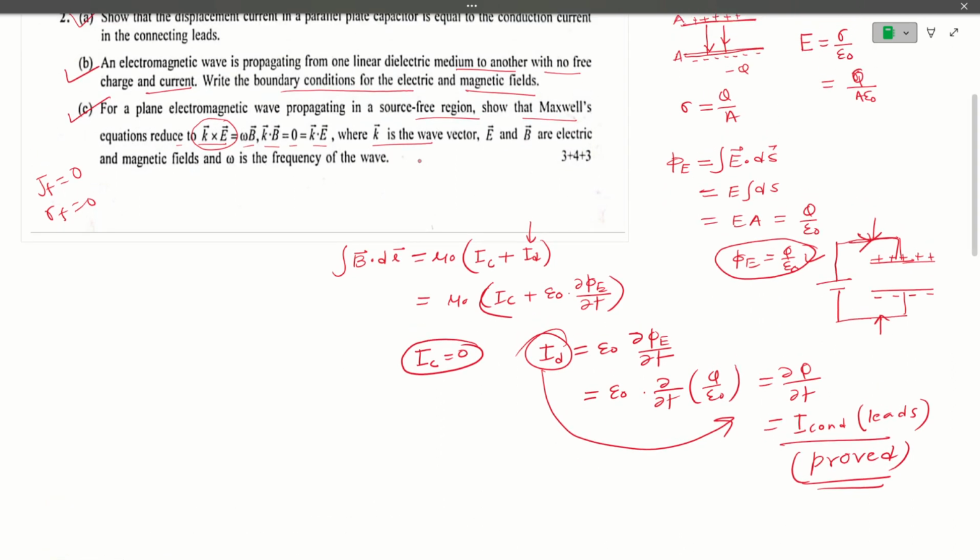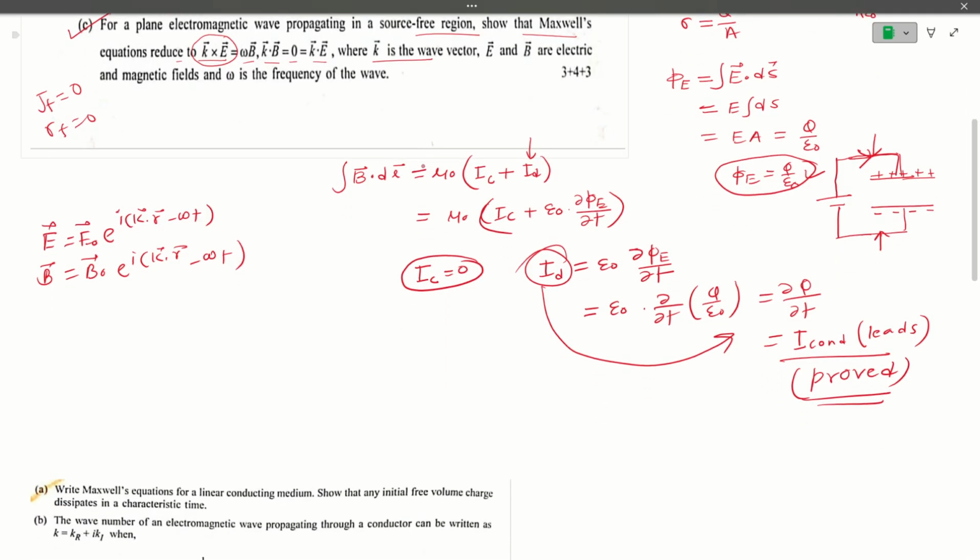Let's take the electric field as E naught e to the power i times k dot r minus omega t, where k is the wave vector and omega is the frequency. Similarly, we can take the magnetic field as B naught e to the power i times k dot r minus omega t.